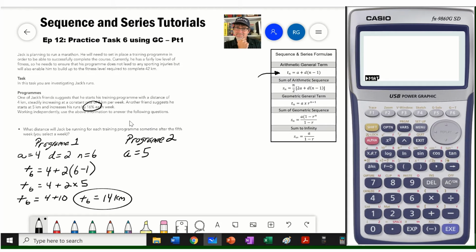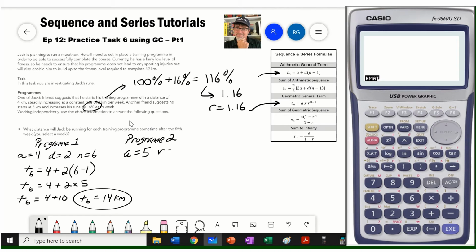When they give you a percent, that's a clue that if you start with 100% and you increase it by 16%, you end up with 116%. The decimal equivalent to that is 1.16. So what that is in this problem is a common ratio. That's our R, right? 1.16. And that means we have a geometric sequence.